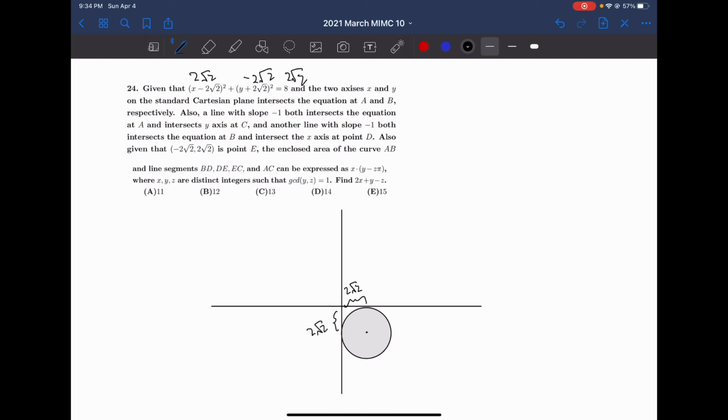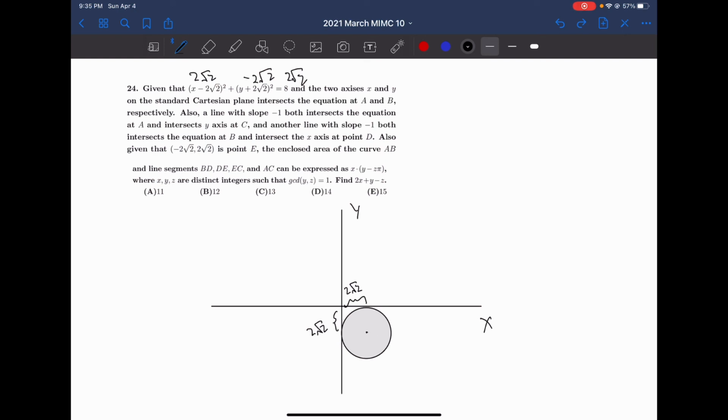And the two axes, x and y, on the standard Cartesian plane, which is just a standard xy plane, intersect the equation. Notice that it is that equation, not everything inside it. So the two axes intersect at A and B respectively.